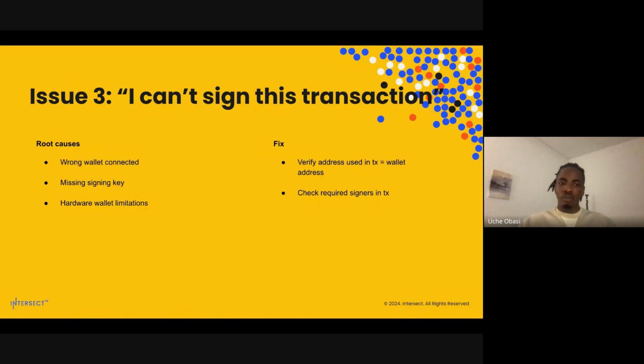For hardware wallet limitations, you may need to upgrade your hardware spec. For missing signing keys, you need to check if the required signers are in the TX: go through the required signers and see if all of them are there.